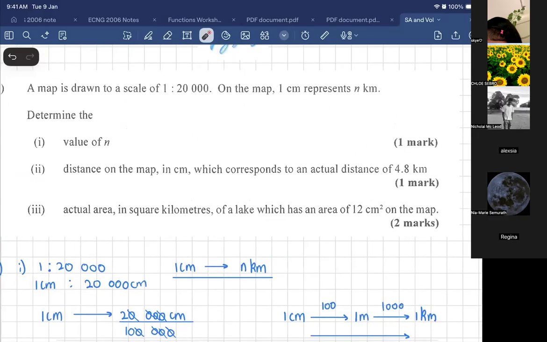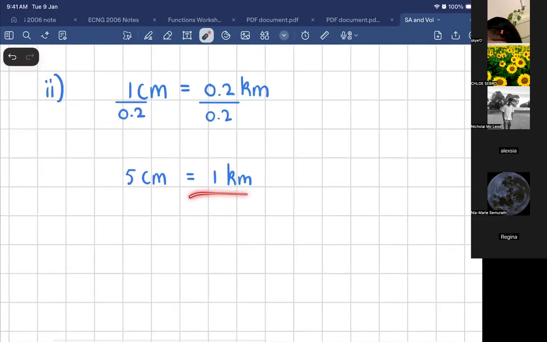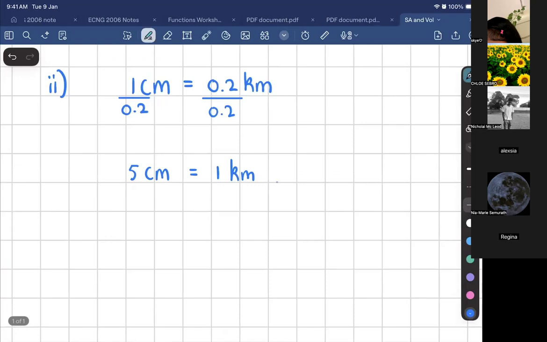Now we want to figure out what distance on the map corresponds to 4.8 kilometers. If I want to find for 4.8 kilometers, what do I do there? Multiply by 5. Multiply by 4.8, right? So it's 5 by 4.8. 24. Right, so 24 centimeters.